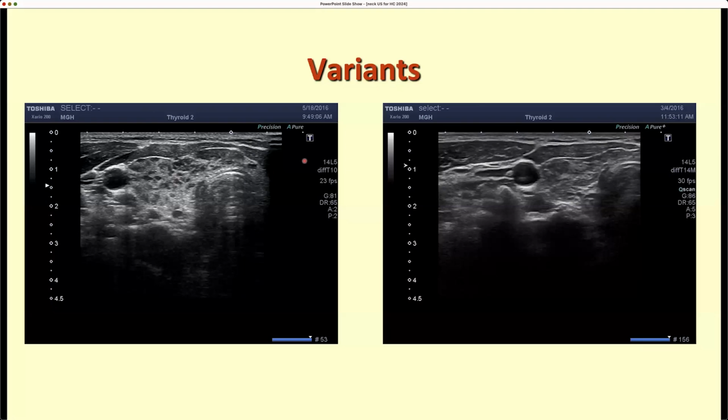And if you think about your pathology, you remember that Hashimoto's thyroiditis is distinguished as focal or diffuse. Sometimes the pattern is more continuous than here, but you can also see that the thyroid has started to shrink. That's the end stage of Hashimoto's thyroiditis, in which the thyroid sometimes can become atrophic and sometimes completely disappear.